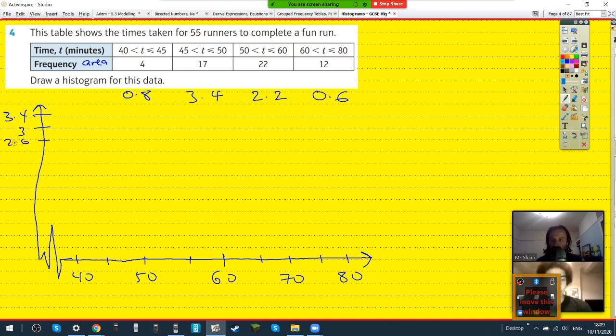Let's say they go up in 0.2 each time. So that's 3, 2.8, 2.6, 2.2.